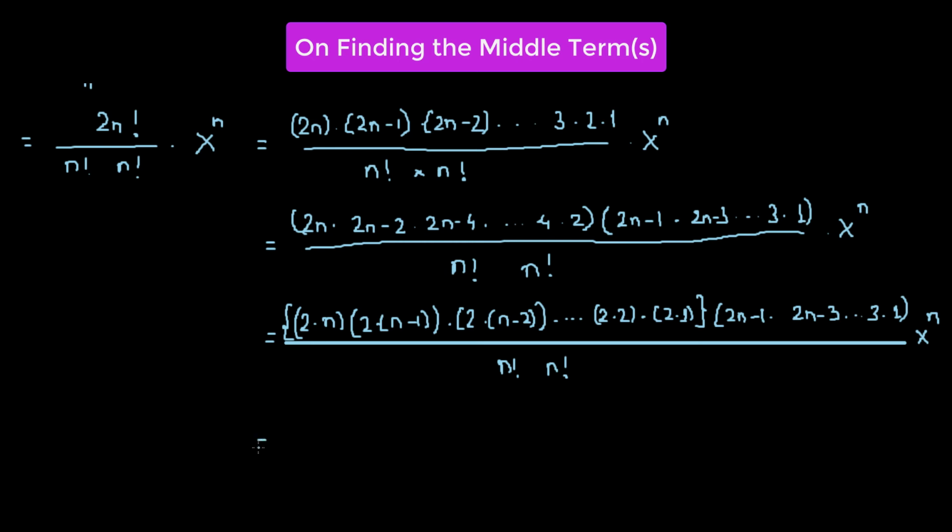Now we see that there are n number of 2's that are getting multiplied here.